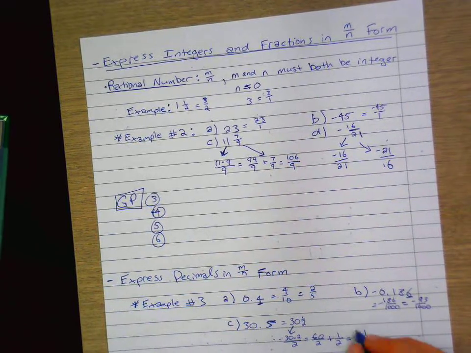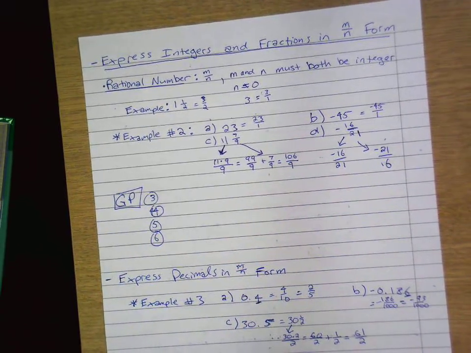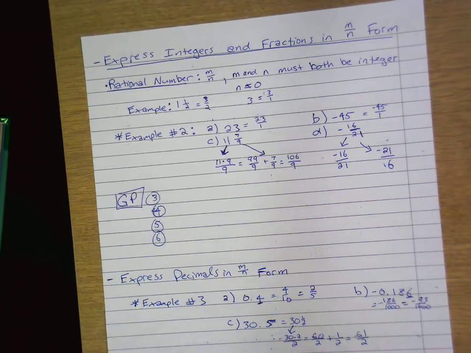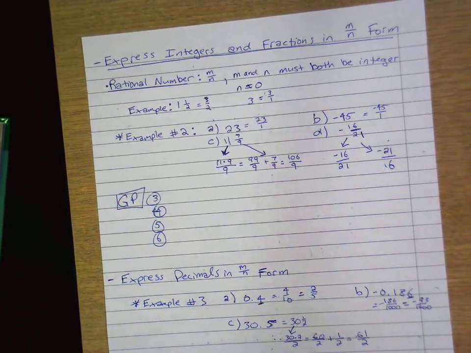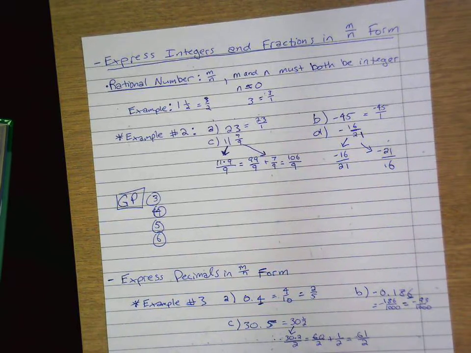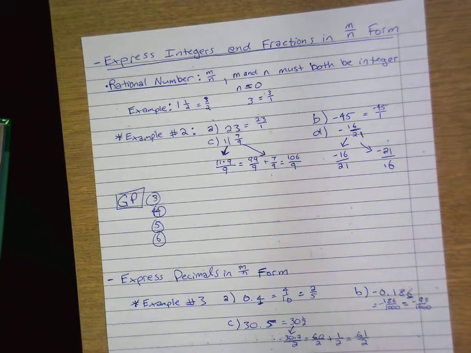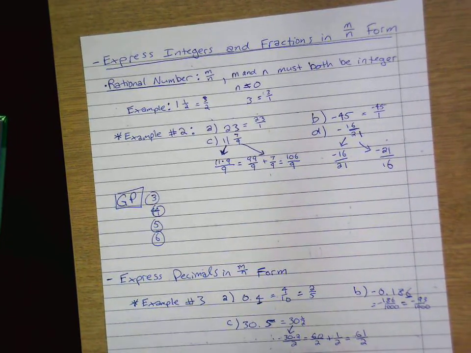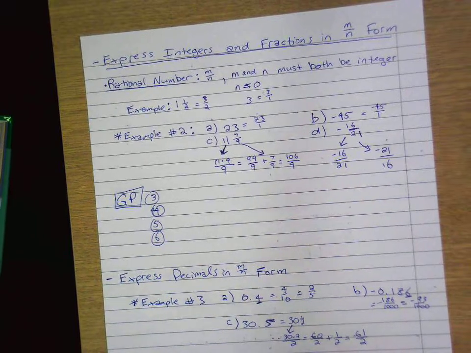Let's do D, the final one. We have negative 1.48. Convert it first to a mixed fraction. Negative 1, and we have 48 hundredths because it's in the hundredth place, so 48/100.